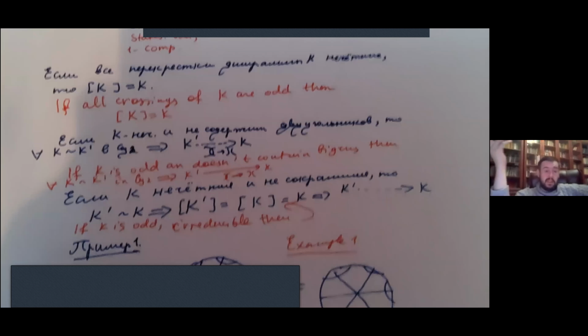То есть в каком-то смысле локальная минимальность влечет глобальную минимальность. In some sense, local minimality, which means the absence of bygones, and as we will see for odd ones, there is no way to do Reidemeister 1, this is obvious, and there is no way to do Reidemeister 3. And so local minimality yields global minimality.